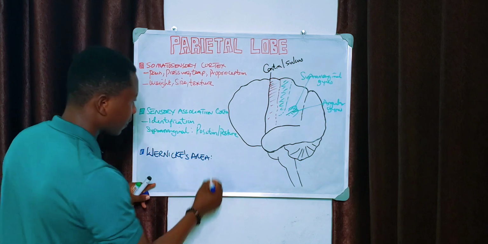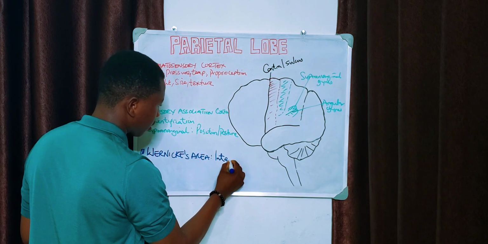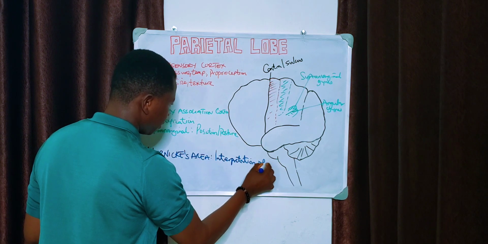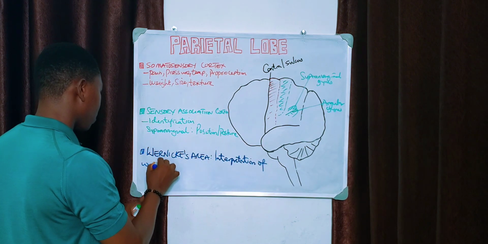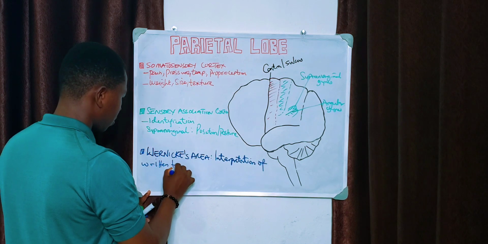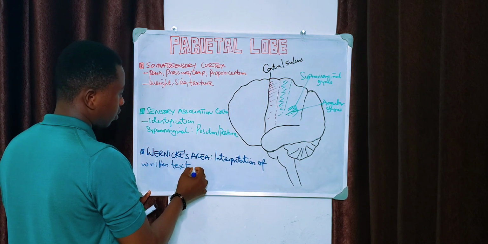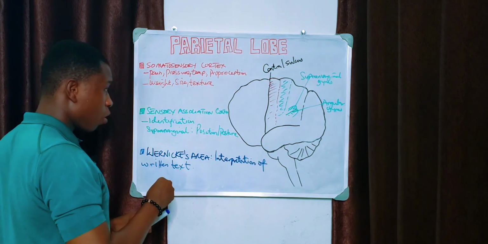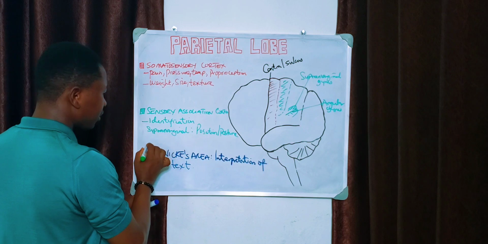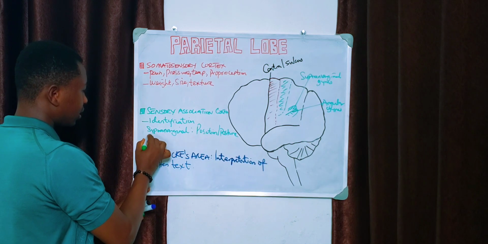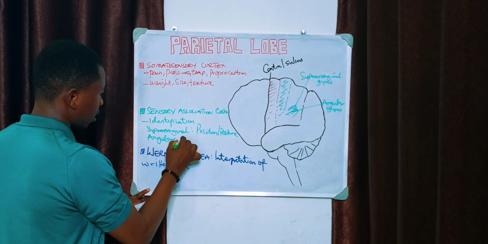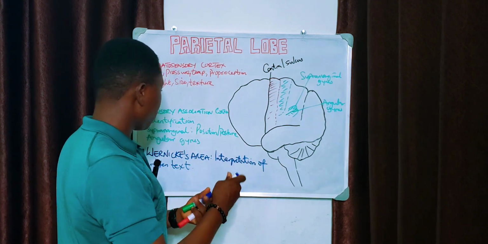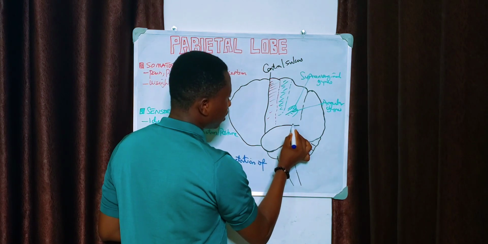So let's write that down. Interpretation of written text. Also identification of written text. All right. So the angular gyrus also helps in interpretation of written texts. Angular gyrus.